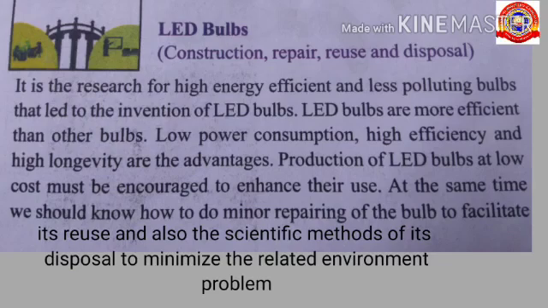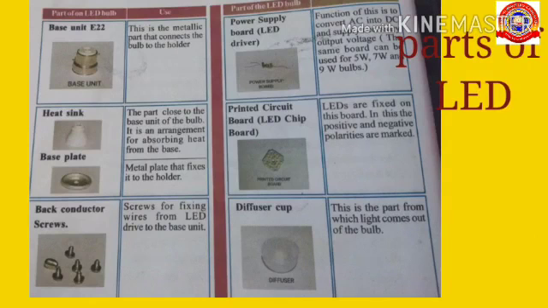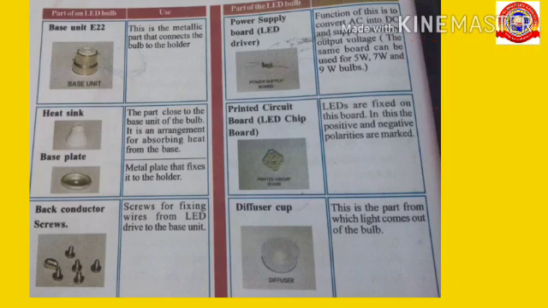Okay. So nowadays we are widely using LED bulbs. First one, base unit E22. This is the metallic part that connects the bulb to the holder. Second one, heat sink. The base part close to the base unit of the bulb. It is an arrangement for absorbing heat from the base. Base plate.